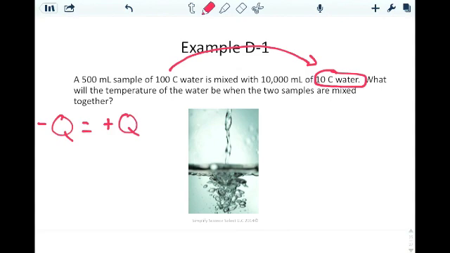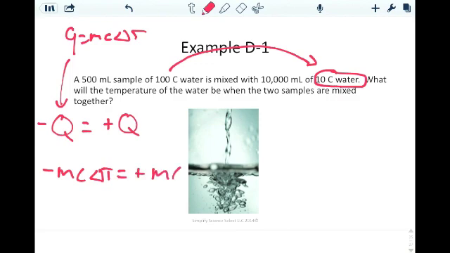So remember the equation Q equals MC delta T. So what we can say is negative MC delta T equals positive MC delta T. This is our equation. Now, since both of the samples are water, they're going to have the exact same specific heats.